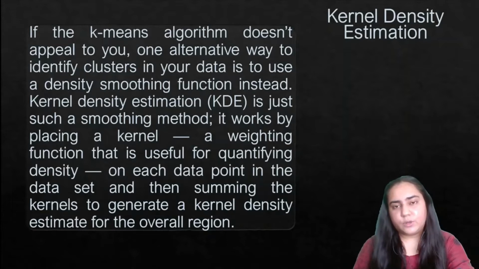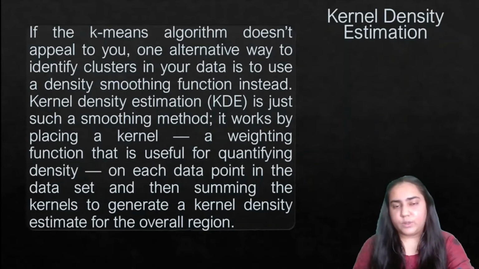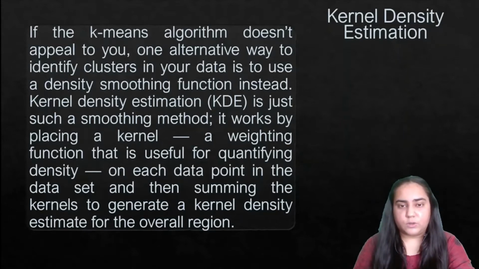So each data point of your plot is summed up together to generate a denser and denser kernel every time, up to a point where you are left with only maybe 2 or 3 data points, which are your clusters.